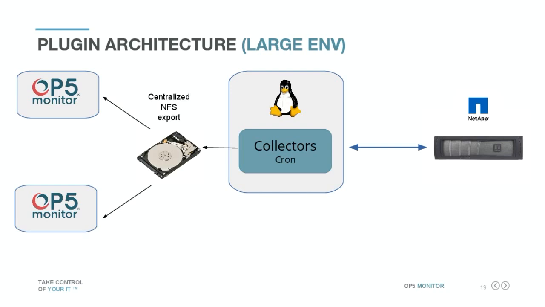For a large environment, you can have another Linux box that uses the collectors and can share this NFS directory straight to the OP5 peers, or it can push the data, for example, to a NetApp drive, which can act as a centralized NFS storage.